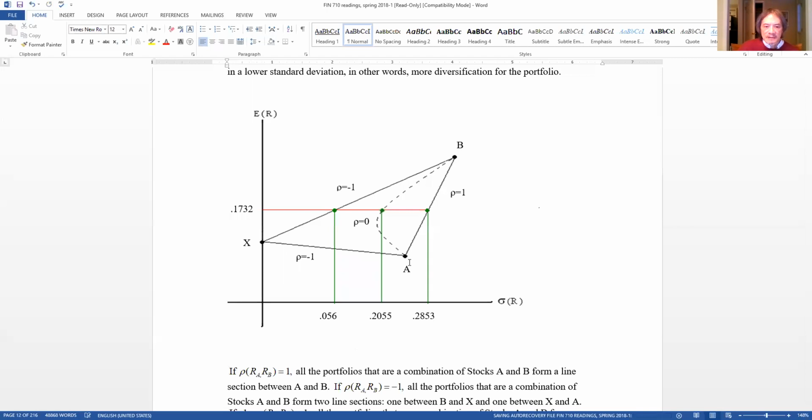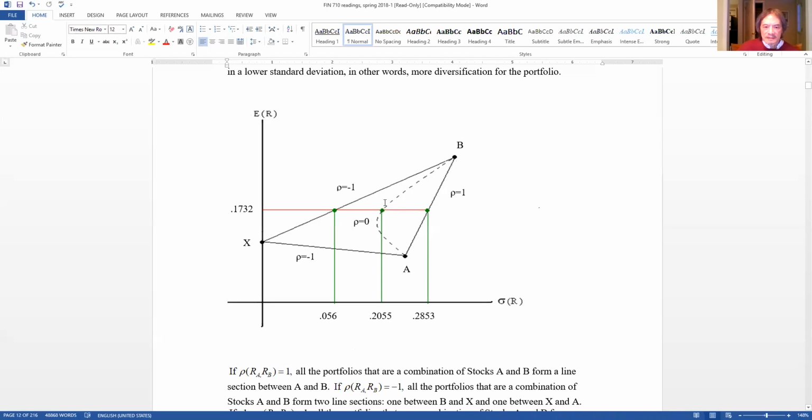Then, using the equations that we have learned up to this point to calculate the portfolio expected return and the portfolio standard deviation, and plot all the portfolios on this map. So let's go from this curve here.